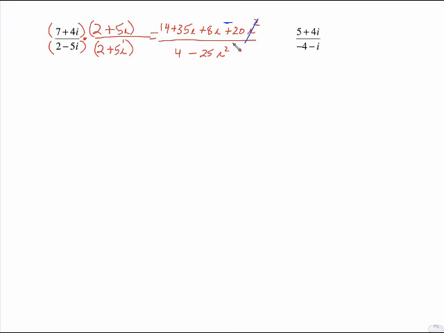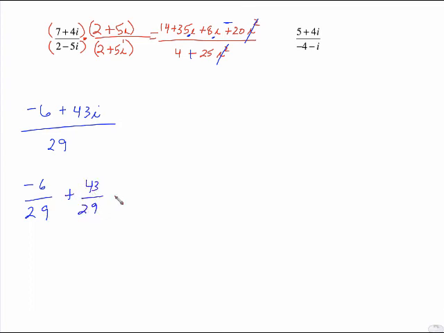So I've got 14 minus 20 is negative 6, plus 35I plus 8I is 43I. And on the bottom here, cross off the I squared, change the sign, gives me a 29. I still need to separate these out. So this is negative 6 over 29 plus 43 over 29I. That is your answer in standard form.